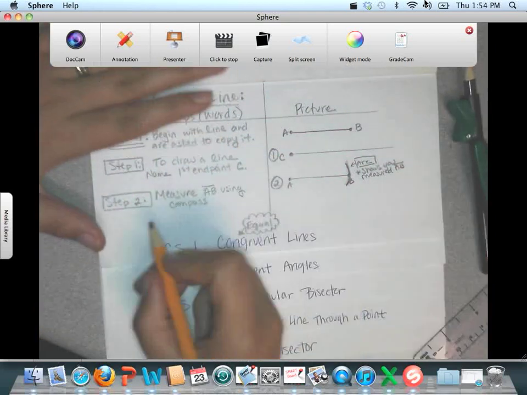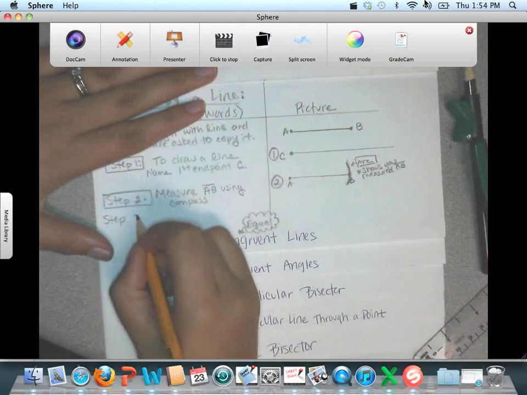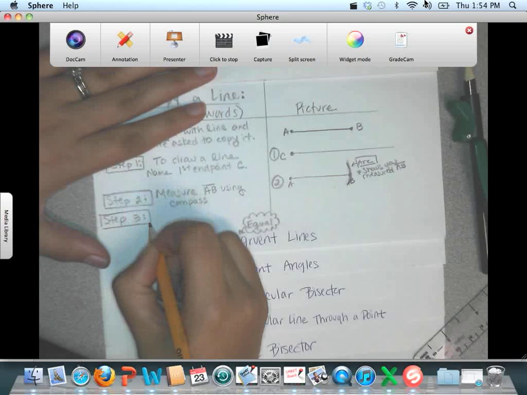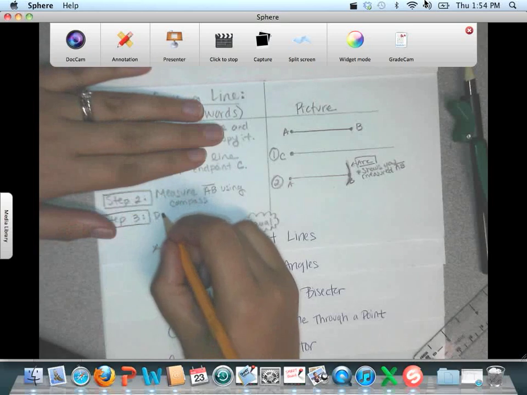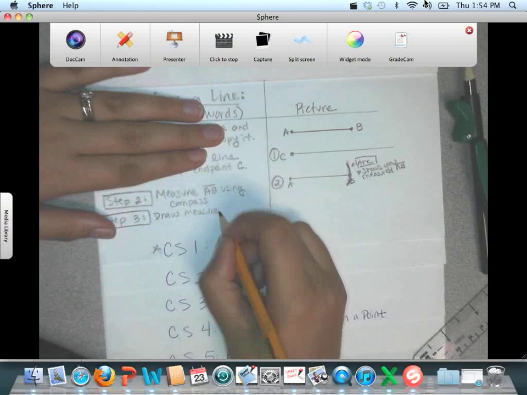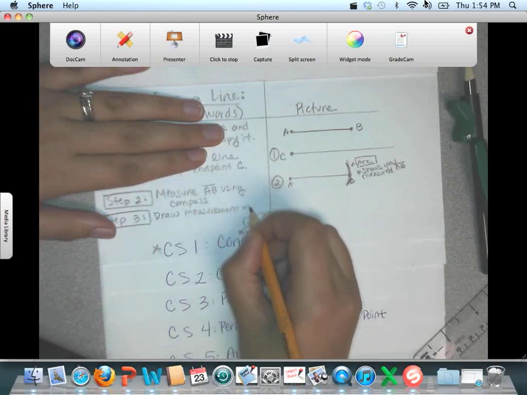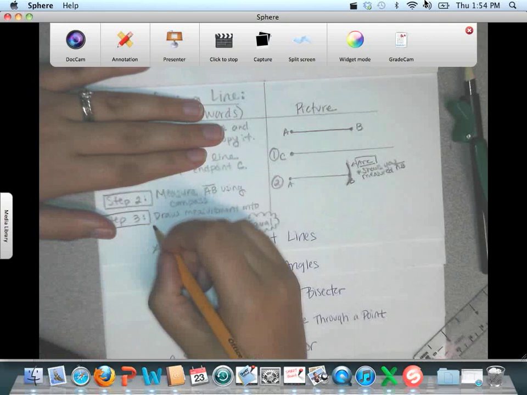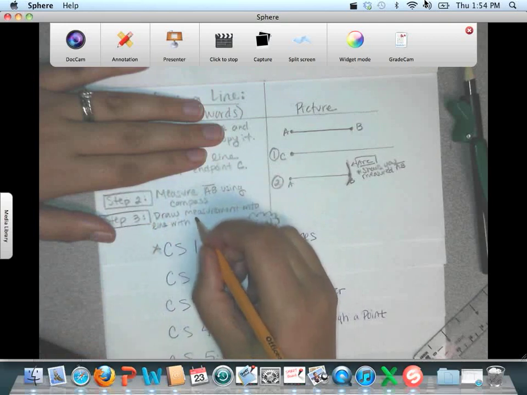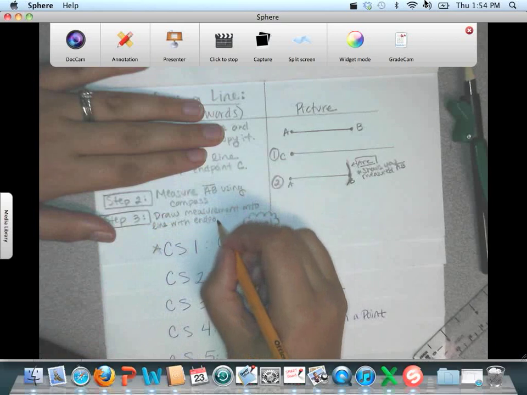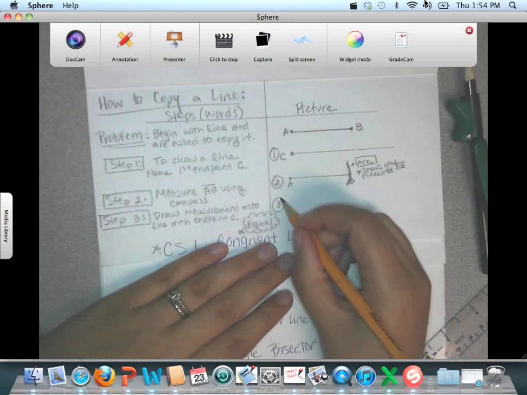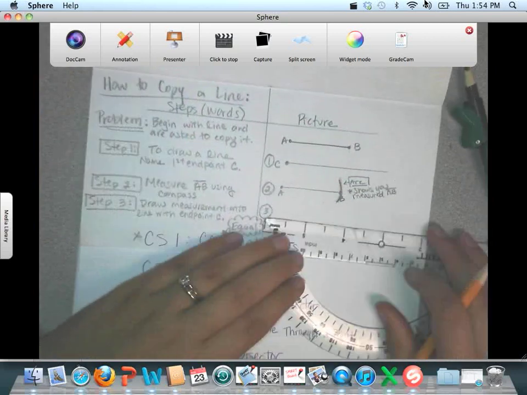All right, step 3 is to draw the measurement onto the line with endpoint C. So step 3 is to take that line, that really long one.